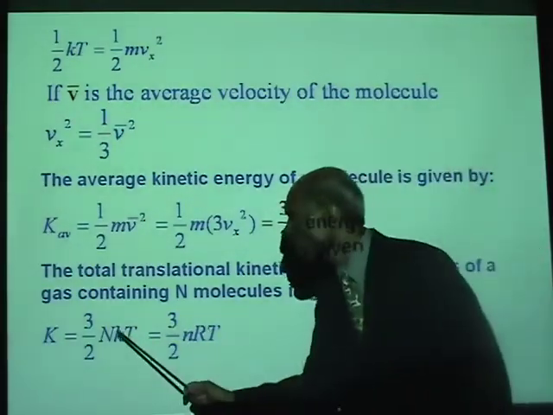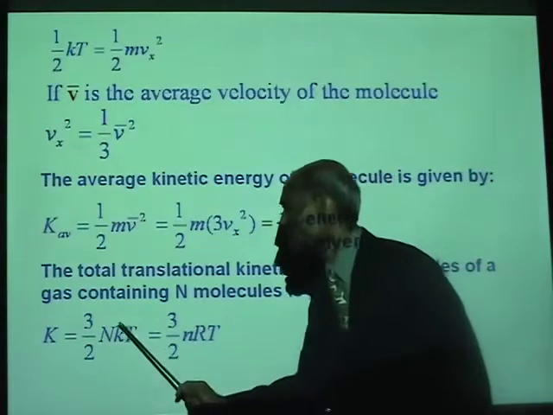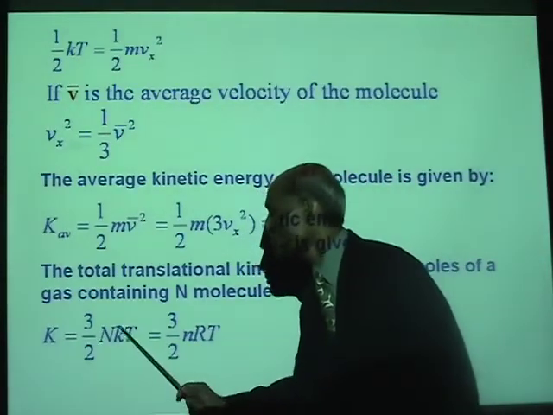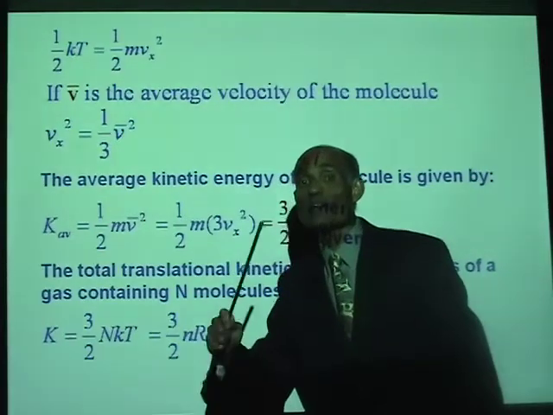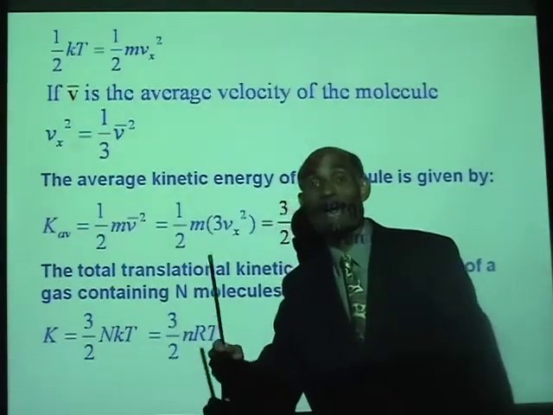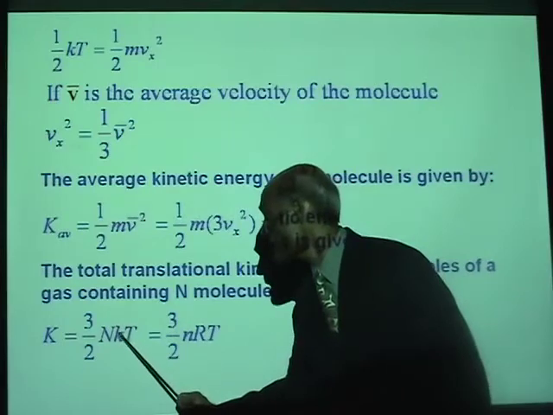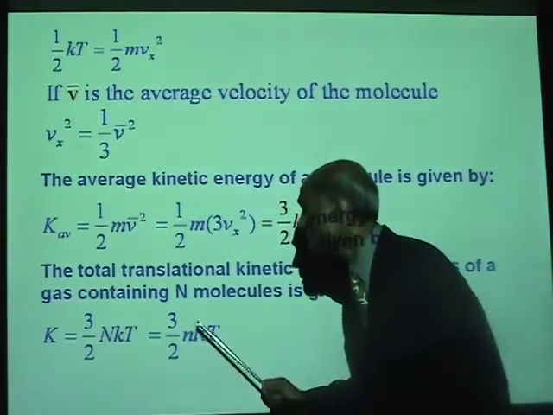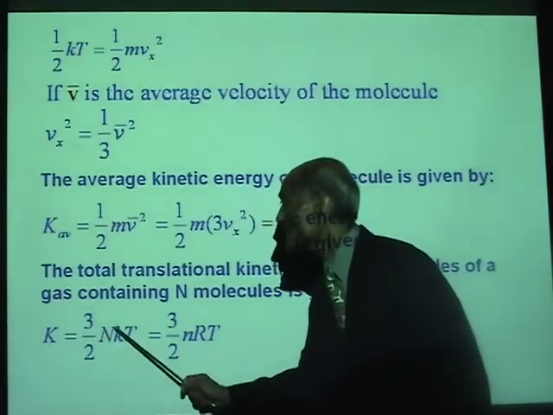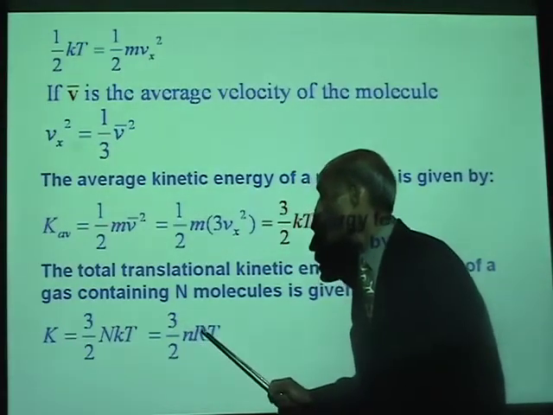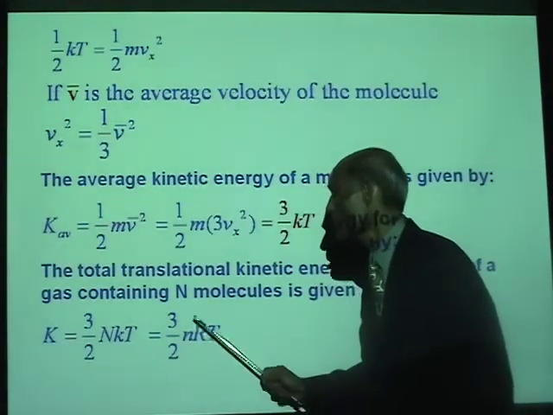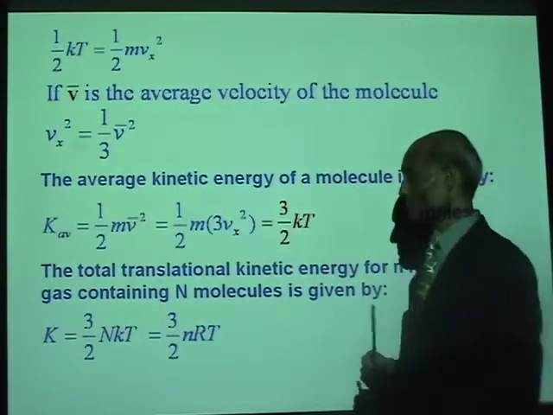I'm going to leave it for you to figure out. Well, I'll give you a clue. The total number of molecules N is the number of moles times the Avogadro number Na. And Na times k becomes R. So 3/2 NkT is the same as 3/2 small n RT, the number of moles, and so on.